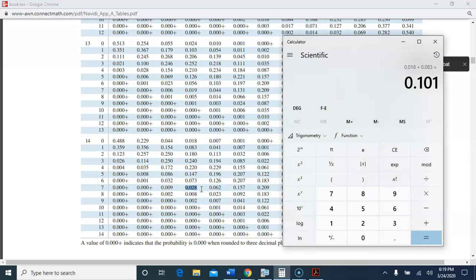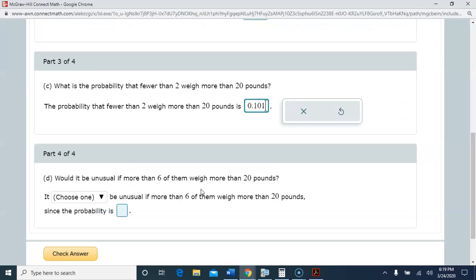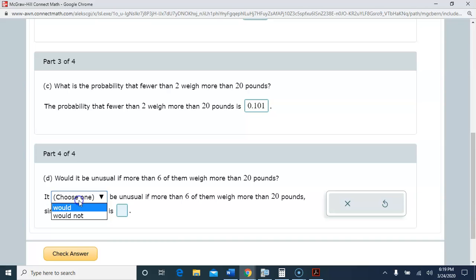So that's 0.028 and 0.008 and 0.002. So the probability of that happening is 0.038, which is kind of small. So I'm going to say that this would be unusual for more than 6 of them to weigh more than 20 pounds, since the probability of that happening is 0.038.